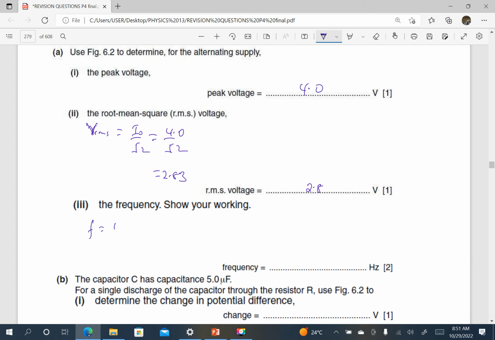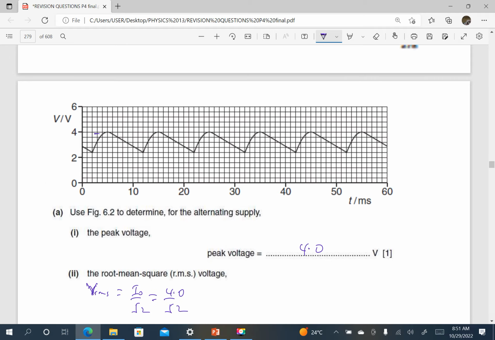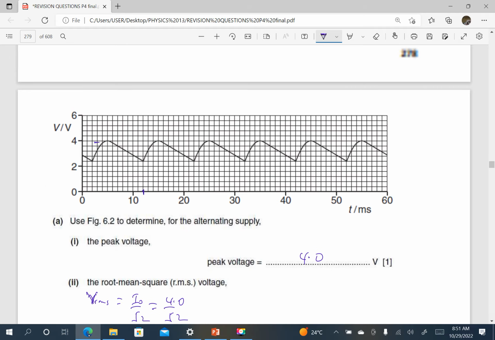Then frequency, show your working. Frequency is 1 over T, so we look for the period. This is half a cycle, and this is a full cycle here. That is the period. Remember, with alternating, this part is charging, then discharging, that is half a cycle. Charging, discharging, that is another half cycle.